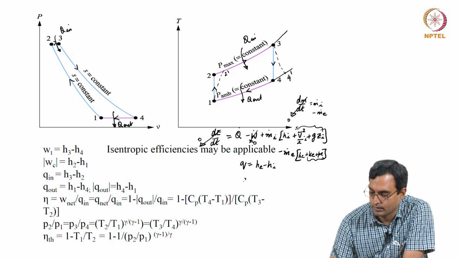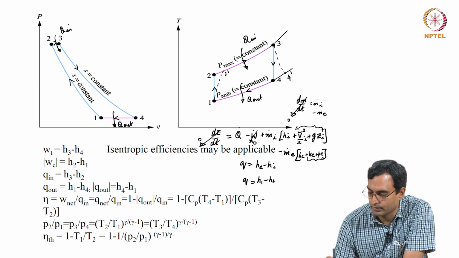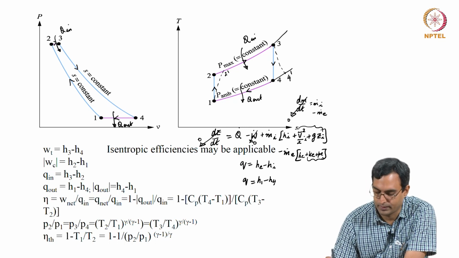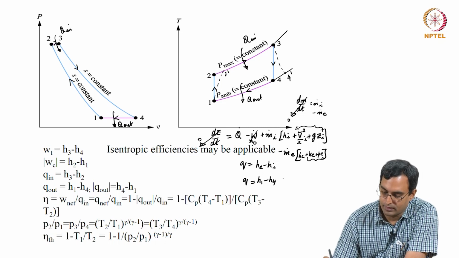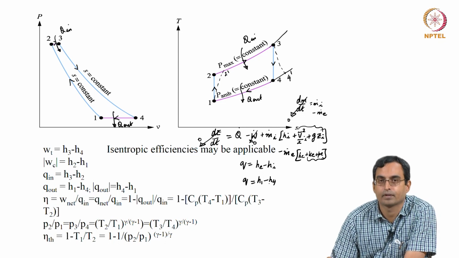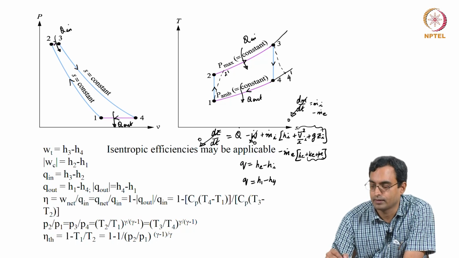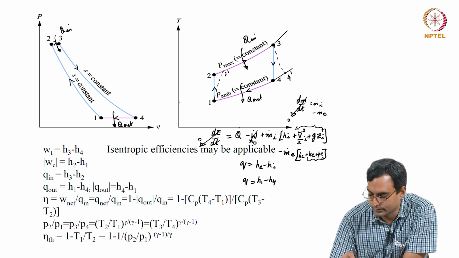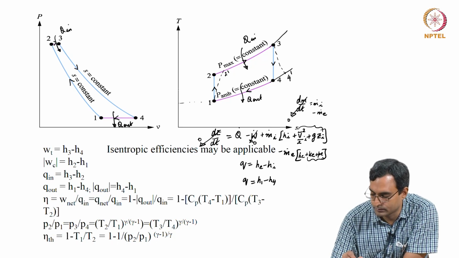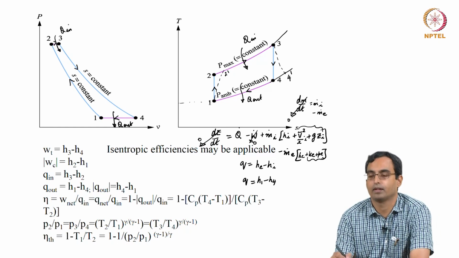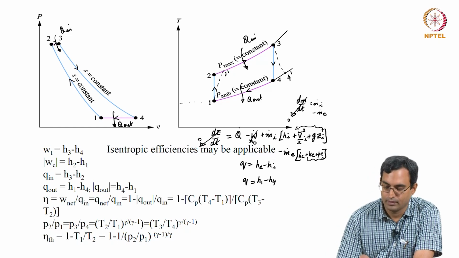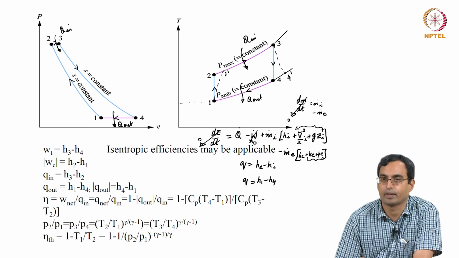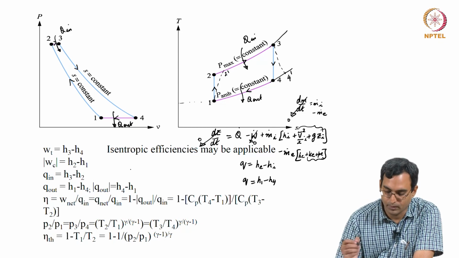So, Q for the process 1 to 4 or 4 to 1 would be H1 minus H4, enthalpy at the outlet minus enthalpy at the inlet. This value would be negative, because there is heat rejected over here. This is at a lower temperature compared to 4. So, the value here would be lower, this would be negative. So, the mod of that is essentially written H4 minus H1, we are just writing the positive value here.